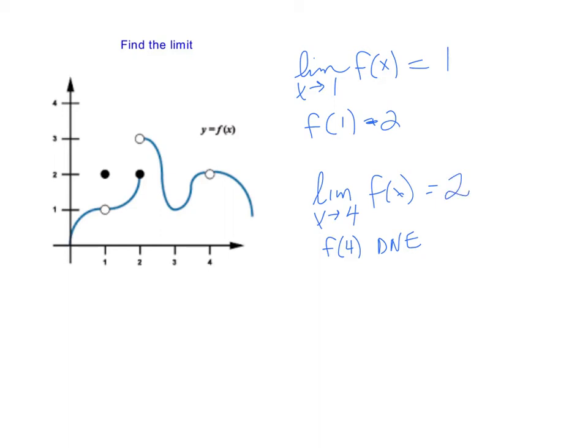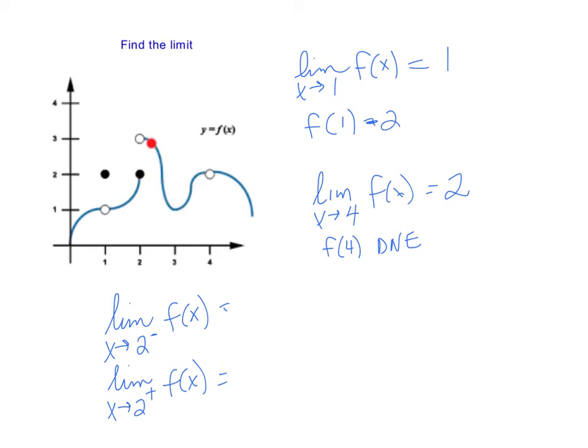Now, let's look at the limit as x approaches 2 from the left, and let's look at the limit as x approaches 2 from the right. Okay, and so we have here, as it approaches from the left, it is 2.